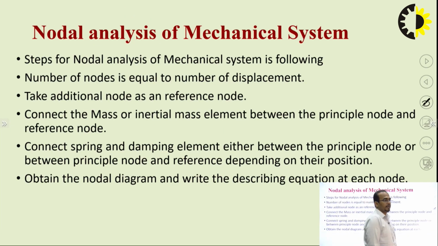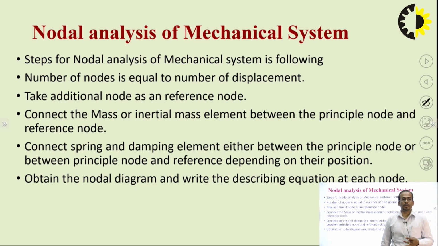Now I am coming to the method of how you will convert this mechanical system into electrical system. The first step is that we follow the nodal analysis method and identify the number of nodes. For identifying the number of nodes we have to see how many displacements there are.